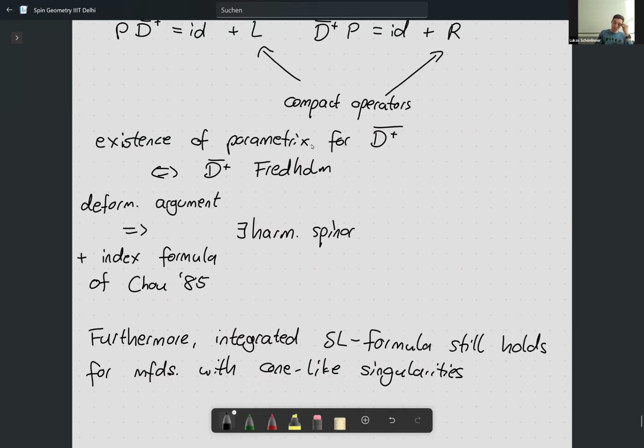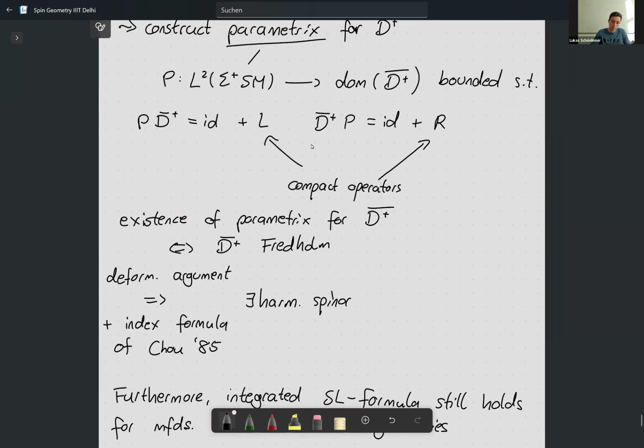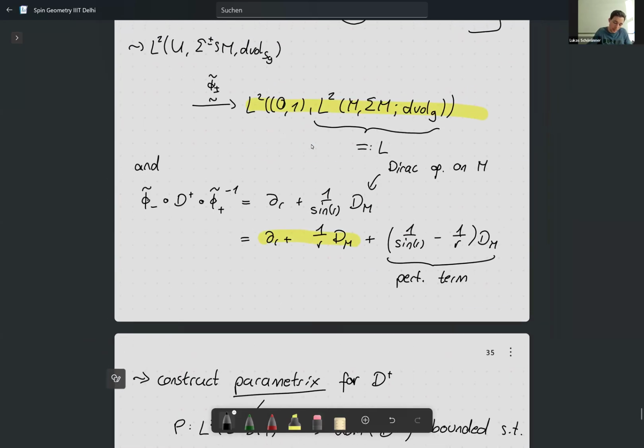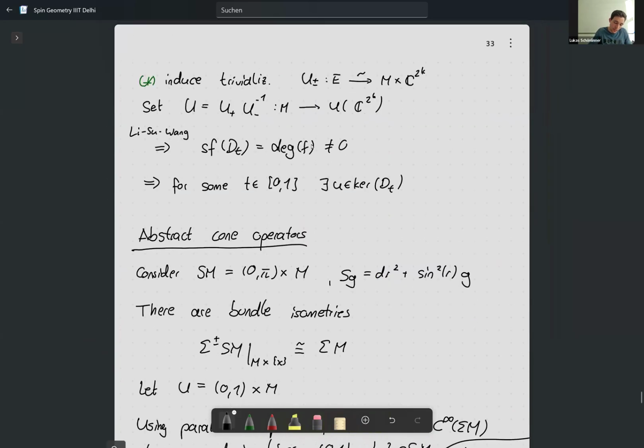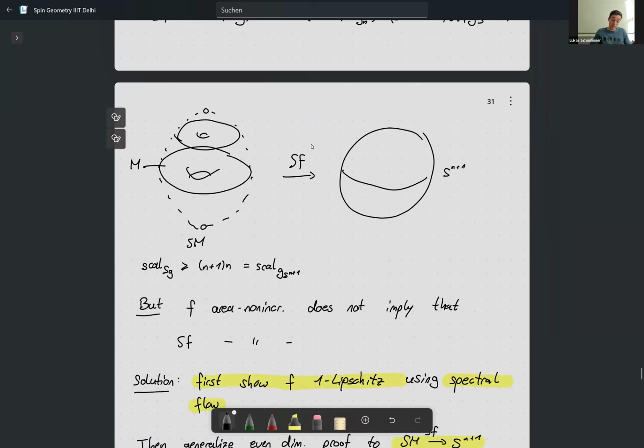And then we can just repeat the same estimates as in Llarull. And then we can conclude that it's an isometry. In the case of Theorem 2, where we considered the spherical suspension, we already knew that it's a local isometry.